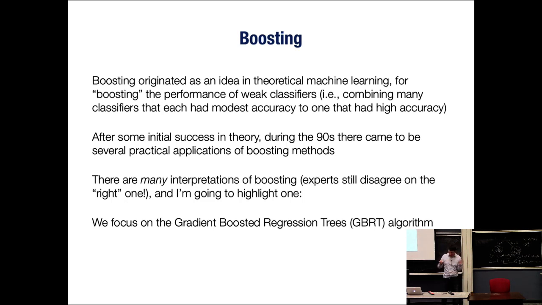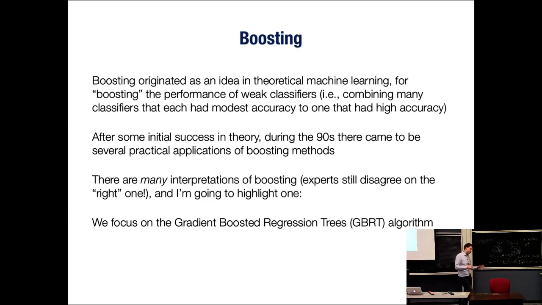Just at a very high level, the basic idea was that if you have some weak learner, as they're called, that can get slightly better than random chance on any data set, you can combine multiple things together and average them together to get as good performance as you want. So basically the idea was that being able to generally perform a little bit better than chance is actually all you need to perform as well as you want.